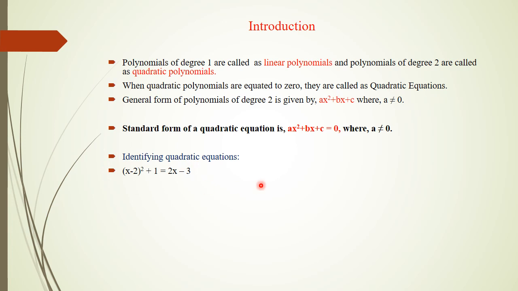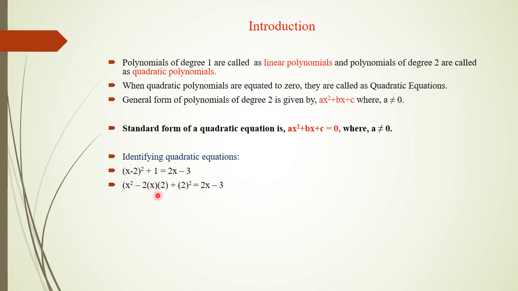When I simplify this equation, you can see in the first term it is x minus 2 whole square. This is of the form a minus b whole square. When I expand this bracket, it will be a square minus 2ab plus b square, that is equal to 2x minus 3 as it is. Here, instead of a it is x, instead of b it is 2.